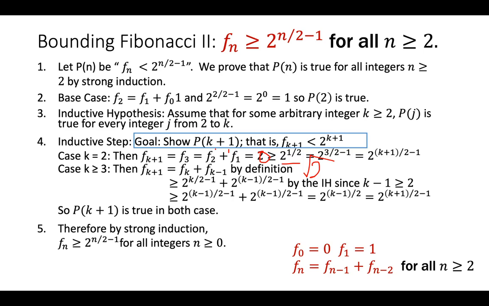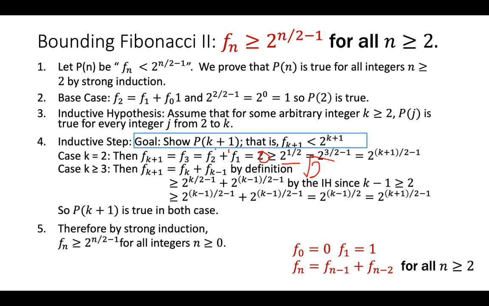And when k is greater than or equal to 3, we can use the definition. F(k+1) is F(k) plus F(k-1). In this case, F(k-1) is fine, so we can use the hypothesis. By the definition, the right hand side will be like this.